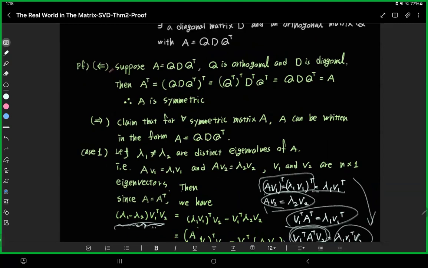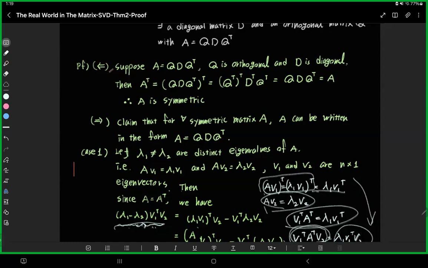So we have to think about two cases: either all eigenvalues are distinct, which means the multiplicity is just one, or some eigenvalues are equal, so the multiplicity is greater than one.